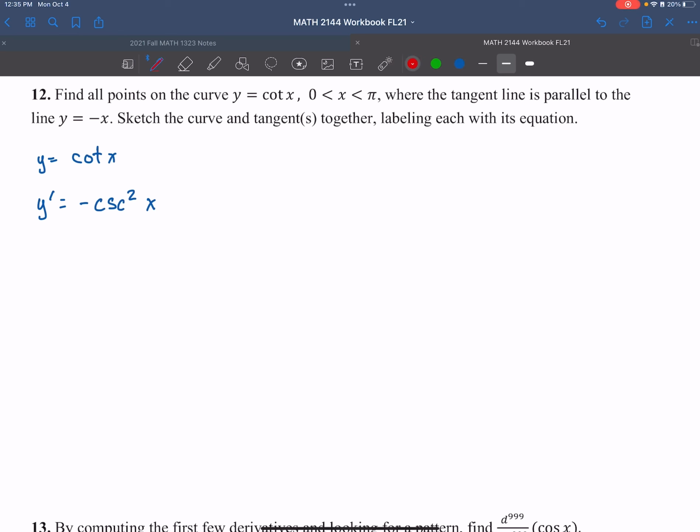So it asks us to find all points where the tangent line is parallel to this line y equal to minus x. So notice what I'm given here is that y prime is equal to minus 1. Where am I getting minus 1? Notice that this right here is giving me the slope of the tangent line. It is negative x, so the slope is just minus 1.